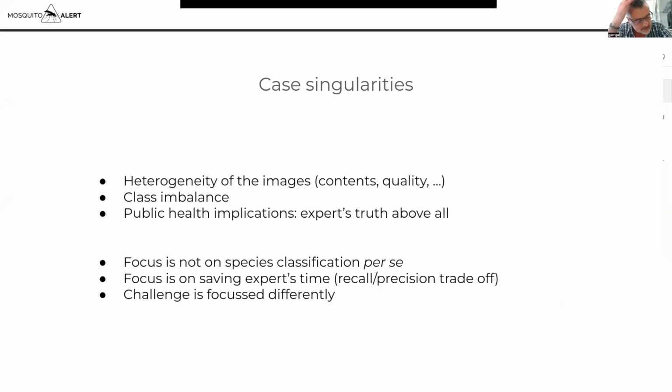Well, I will first talk briefly about the singularities of this system, because it is important to take this into account. First, because this makes the challenge more important, the kind of images that we receive from the citizens are quite heterogeneous, both in content and in quality of the images and the different zooms.